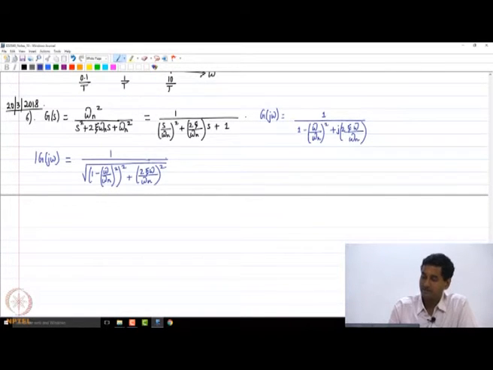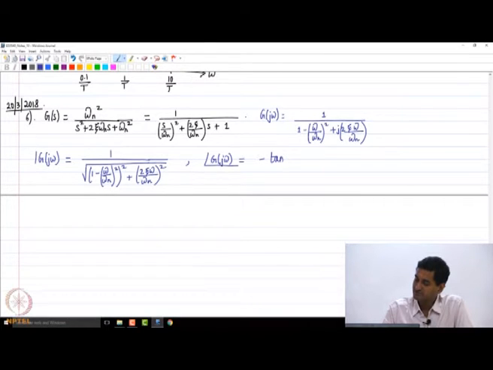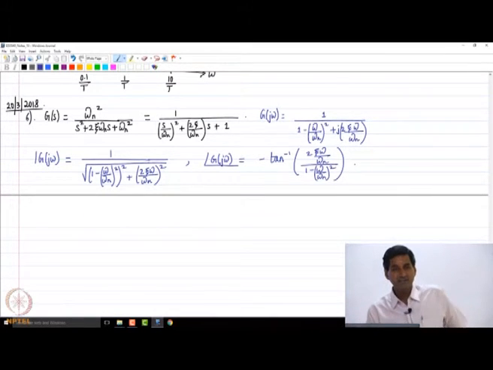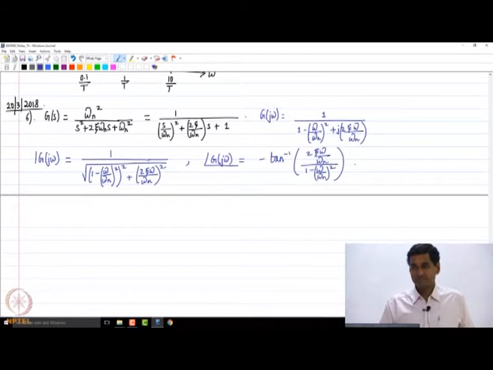Then the phase of this sinusoidal transfer function is going to be minus tan inverse of 2 zeta omega by omega n divided by 1 minus omega by omega n whole square, right. Pretty straightforward algebra, okay.